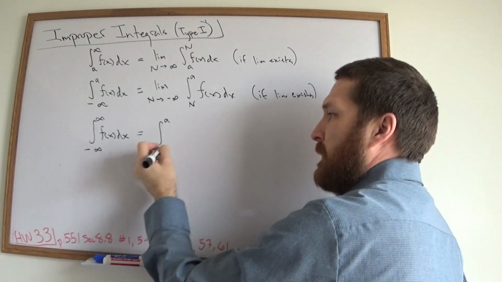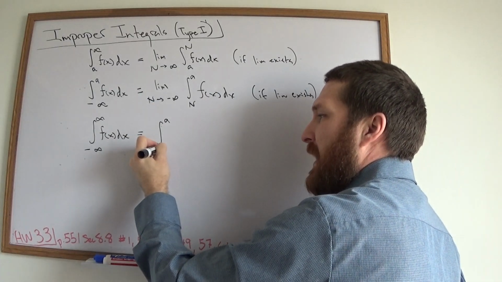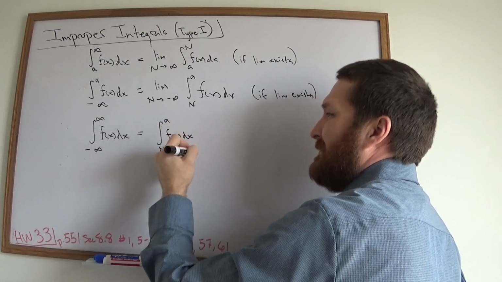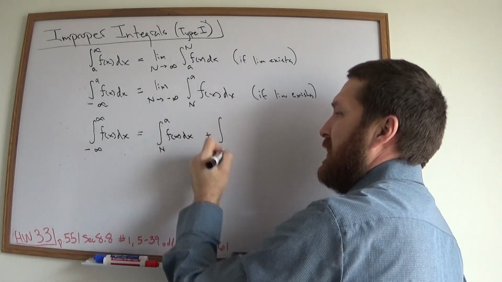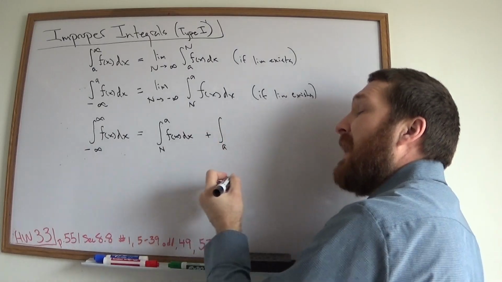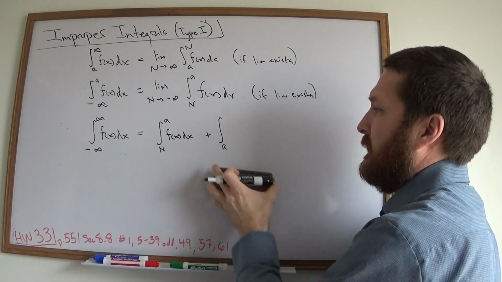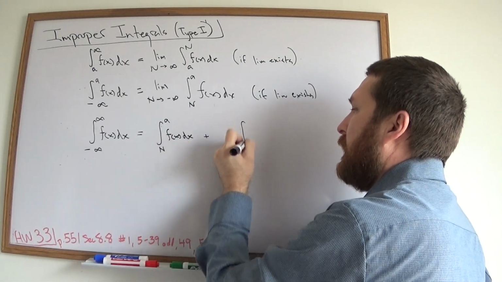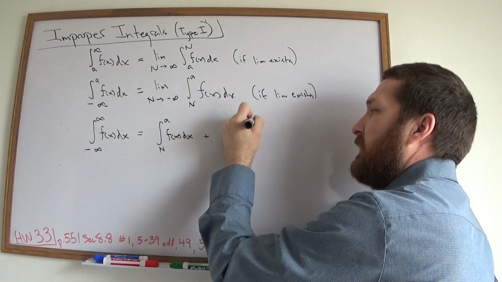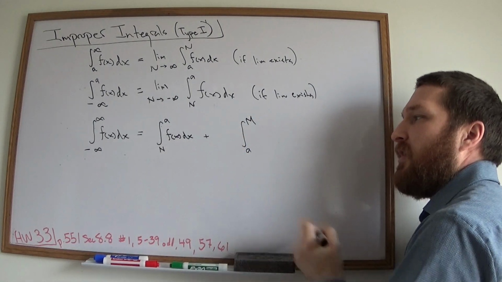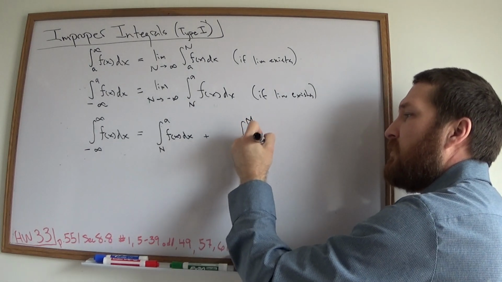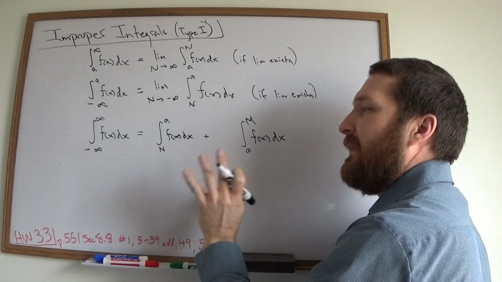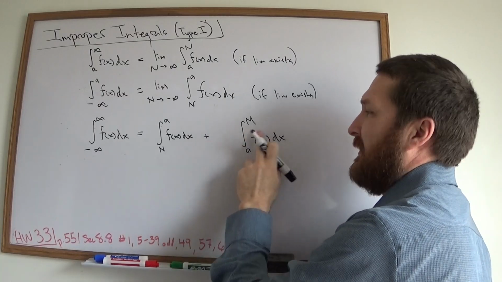Okay? So we're going to break it up into two functions. If it's like a bell curve, then you would do this, right? And then you go from a up to infinity. I personally use different letters for this, just to really show that these things are not related.